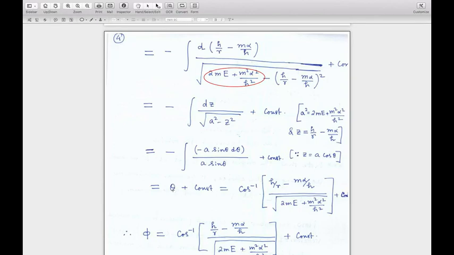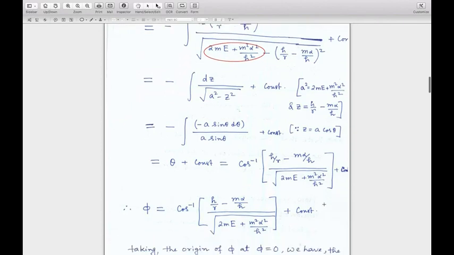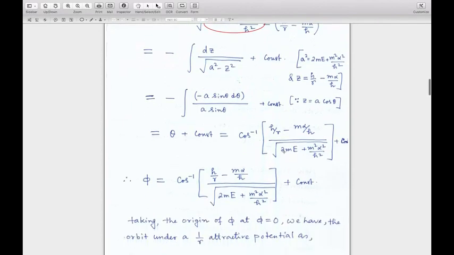Then theta is nothing but the cos inverse of h by r minus m alpha by h over the square root of 2mE plus m square alpha square by h square. So you can see that the denominator is totally a constant quantity, and the numerator has just an r dependence.